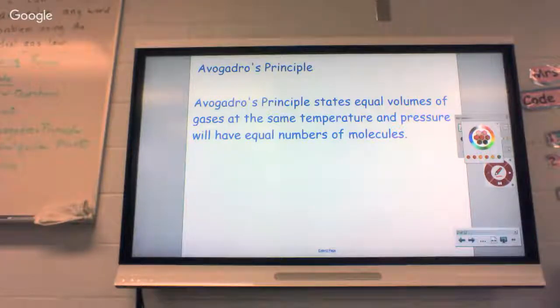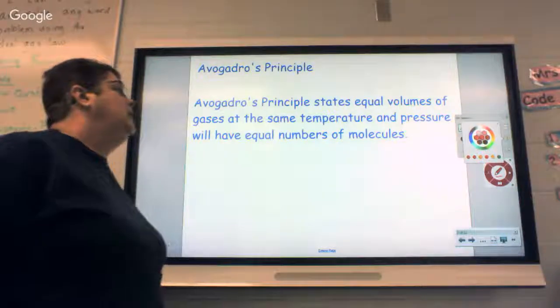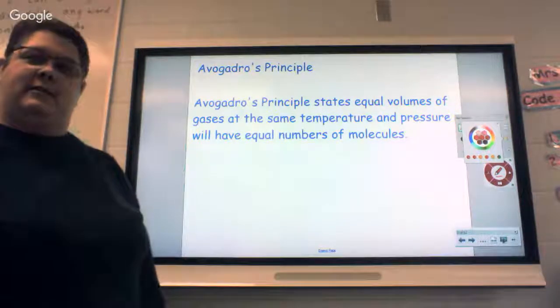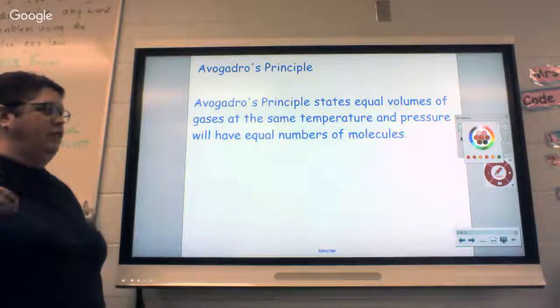All right. So, Avogadro, first of all, is the same guy that we talked about way back in about the third week of the semester. That's exactly the guy. Because 6.022 times 10 to the 23rd equals 1 mole.